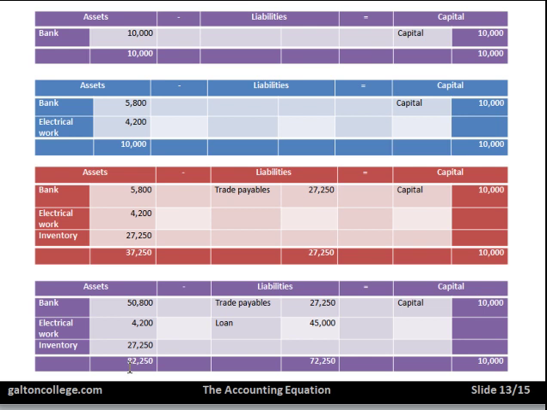So his assets now are 82,250, but his liabilities are 72,250. But again, capital plus liabilities equals assets. So we've established our accounting equation: capital plus liabilities equals assets.